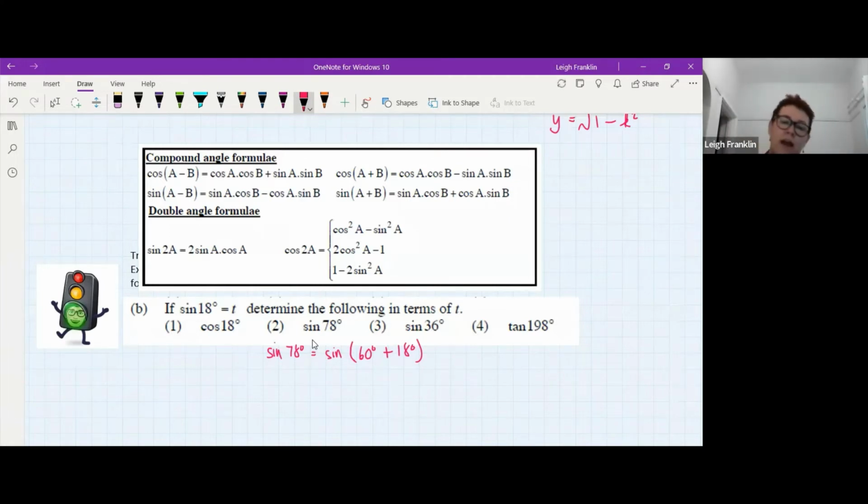Exactly. So that's what I'm saying. You've got to be on the lookout for these things. All right. So when you have some obscure numbers, think about 30 plus, 45 plus, 60 plus, or you can make another number by saying 60 minus or 45 minus or 30 minus. Okay, so be aware of those. But that's what we would do in this case. So we're going to have to use special angles.